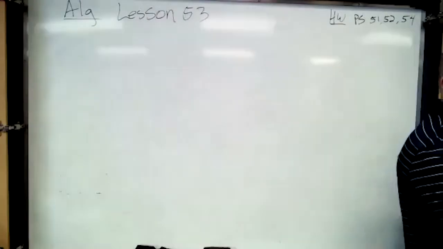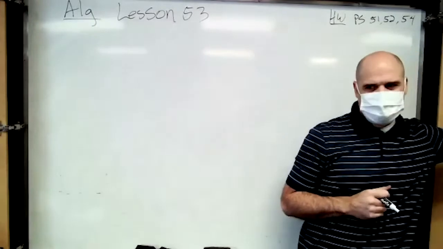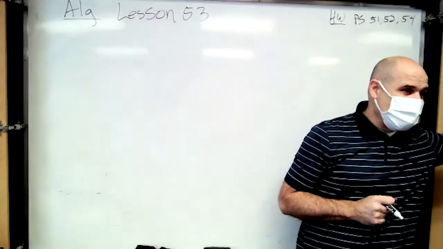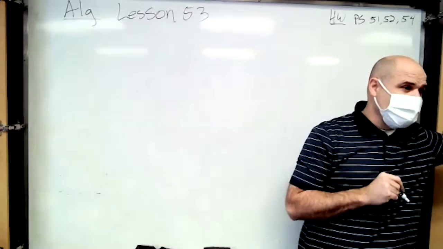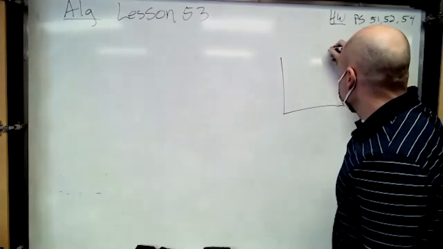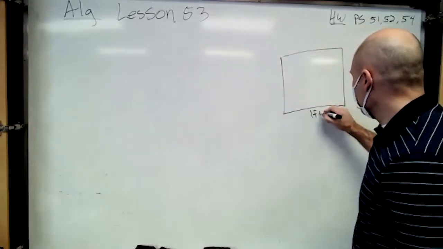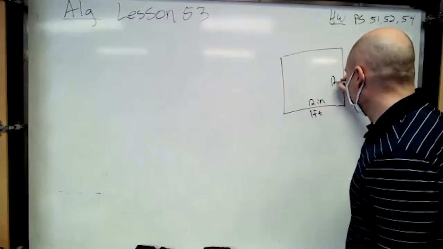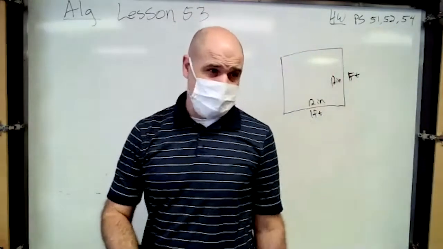288. Why? Because there's 2 square feet. So remember, there are 144 square inches in 1 square foot. A square foot is 1 foot by 1 foot, so it's a 12 by 12 inch tile, right?